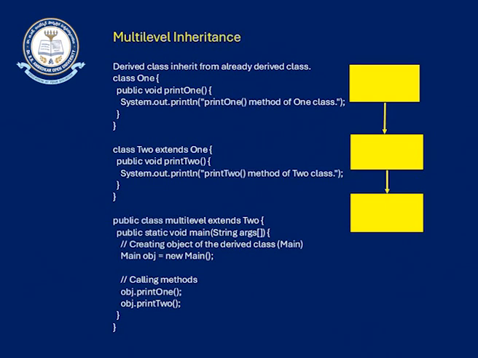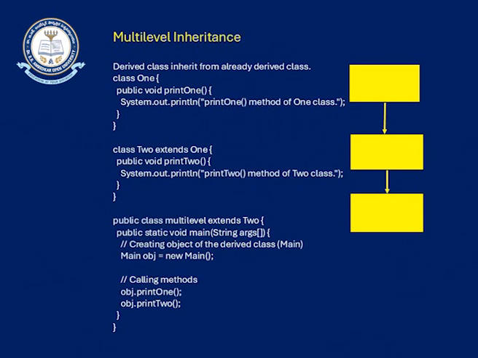Multi-level is the newly created class which extends 2. What is 2 previously? 2 is also derived from 1. So Multi-level extends the properties of what? 2 as well as 1. Nothing but the child can have the features of parent as well as grandparents.